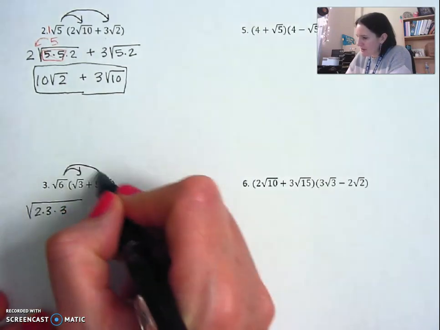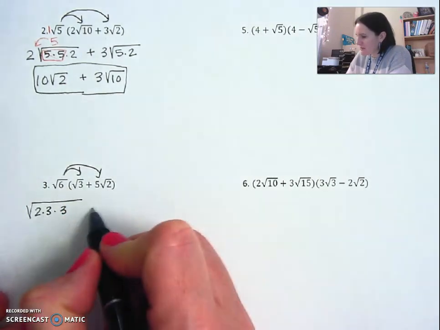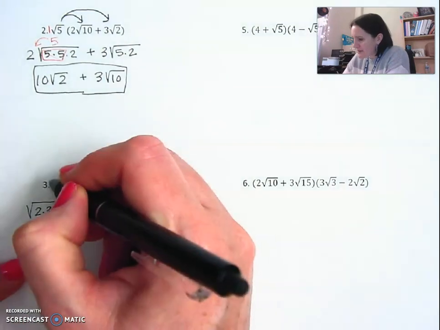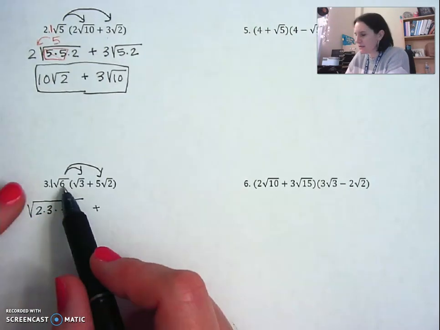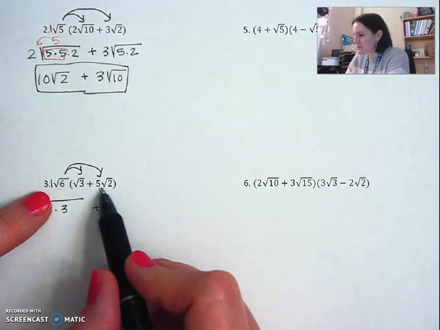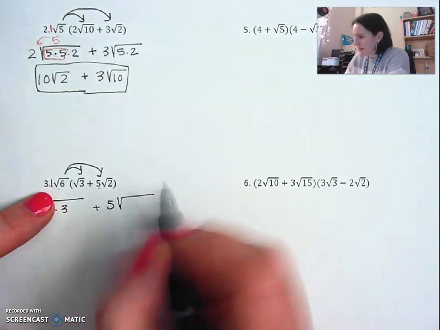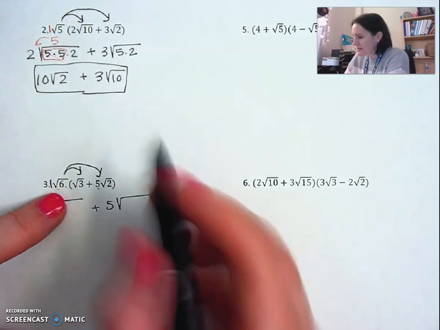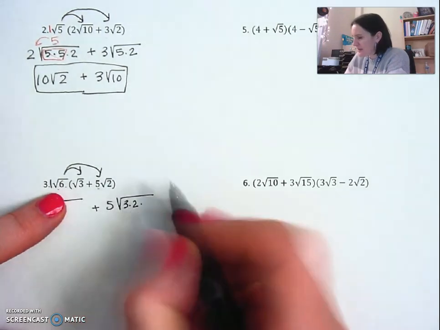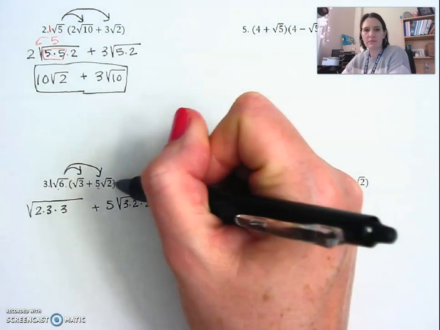And then distribute the square root of 6 to the second term. So the outsides of the radical 6 is 1, times the outsides of this one is 5. So 1 times 5 is 5. And then the insides are, this 6 is 3 times 2, and then this other 2 comes from the second radical.